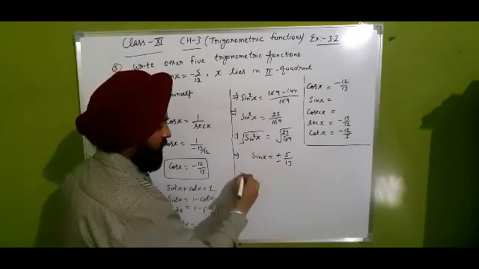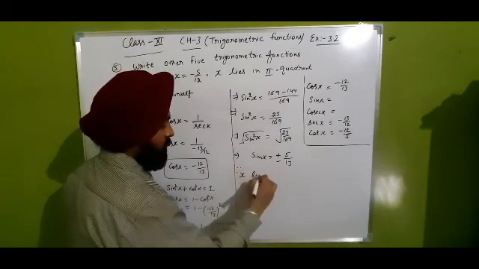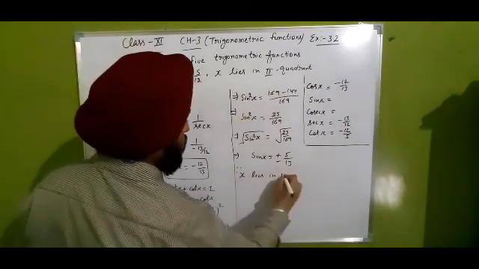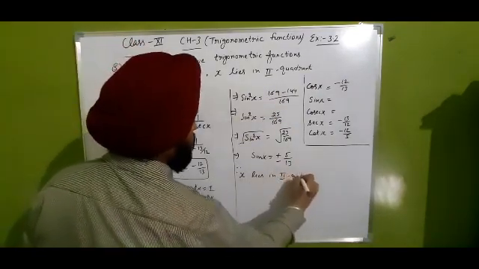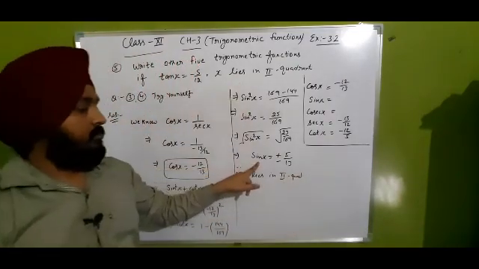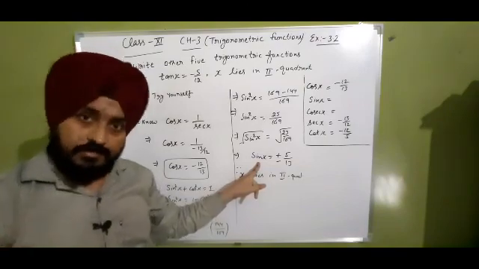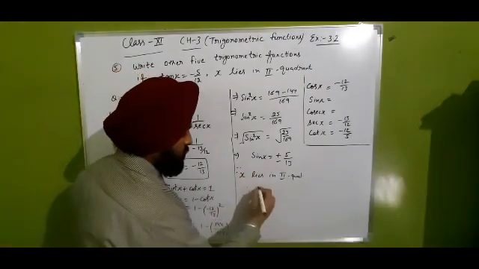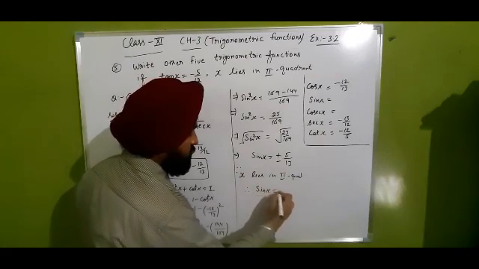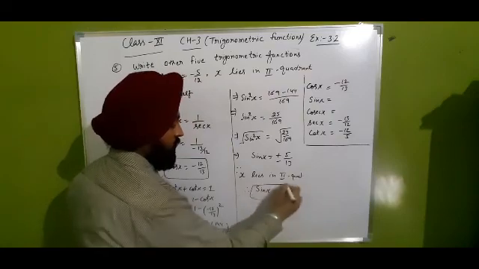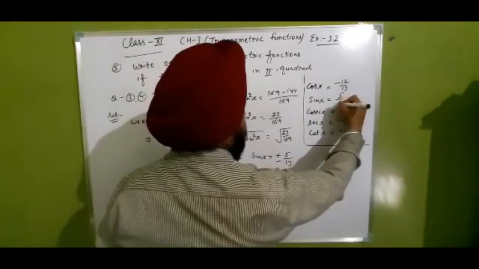Because x lies in which quadrant? Second quadrant. So as you know, in the second quadrant, the sine function is always positive there. Therefore, select the value of sine x positive there, 5 upon 13. So put sine x 5 upon 13 here.